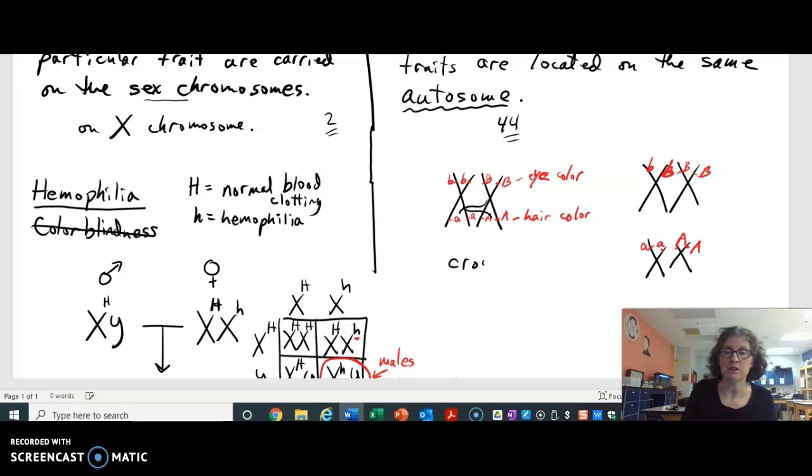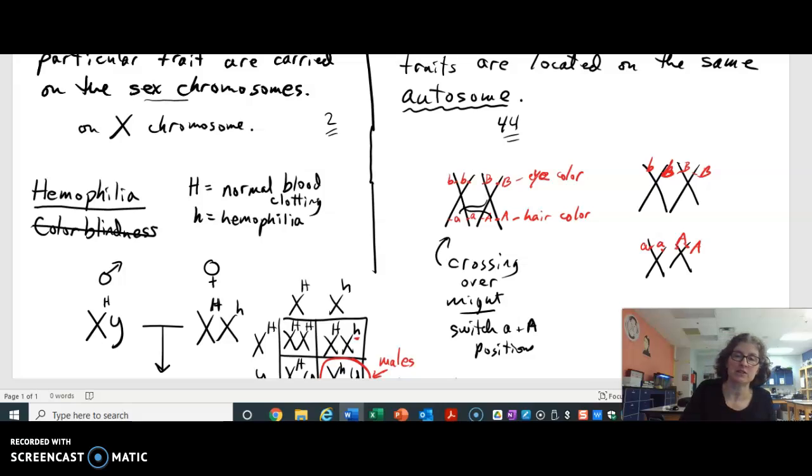So crossing over is the only way. It might switch little a and big A positions. So then you could have a big B be inherited with a little a, but only during crossover events, right?